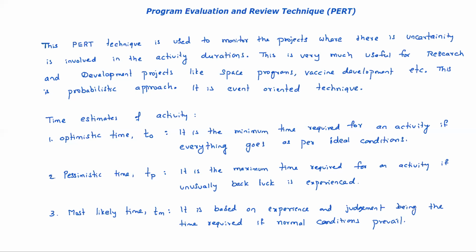Okay, Srinivas, clear on the three estimates? Of course, TM will be in between T naught and TP. So actually, it is a probabilistic approach, right? Obviously, which probability distribution needs to be used? For this, beta distribution is used. Like normal distribution, beta distribution is also one of the distributions. In the PERT technique, we use beta distribution.